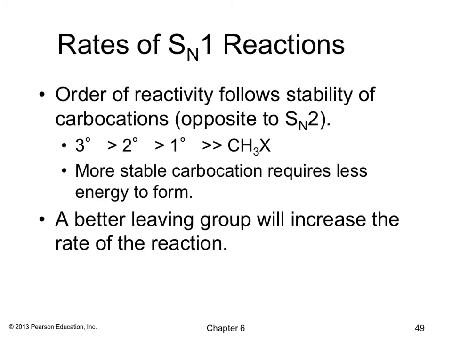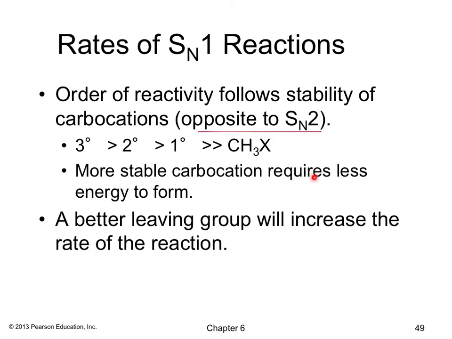For the rates of SN1 reactions, the order of reactivity follows the stability of the carbocation, so it's opposite to that of SN2. We're looking at tertiary being most stable, followed by secondary, primary, and then methyl.